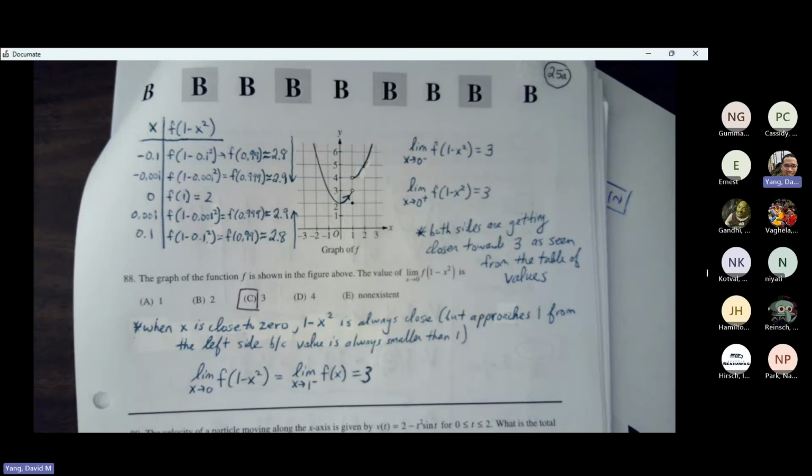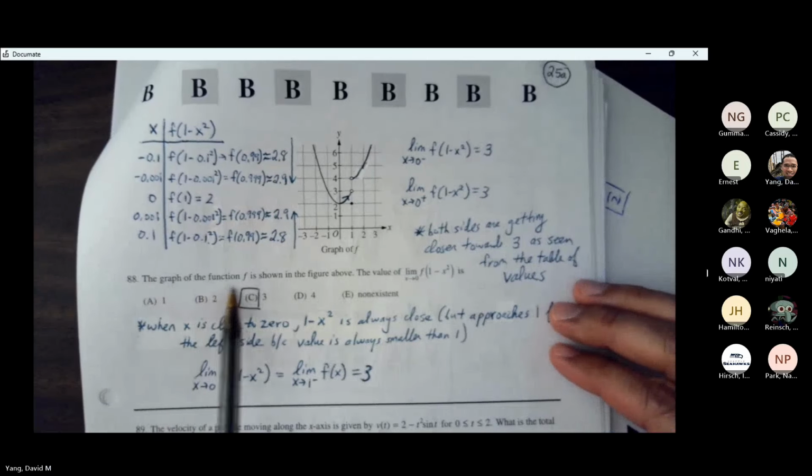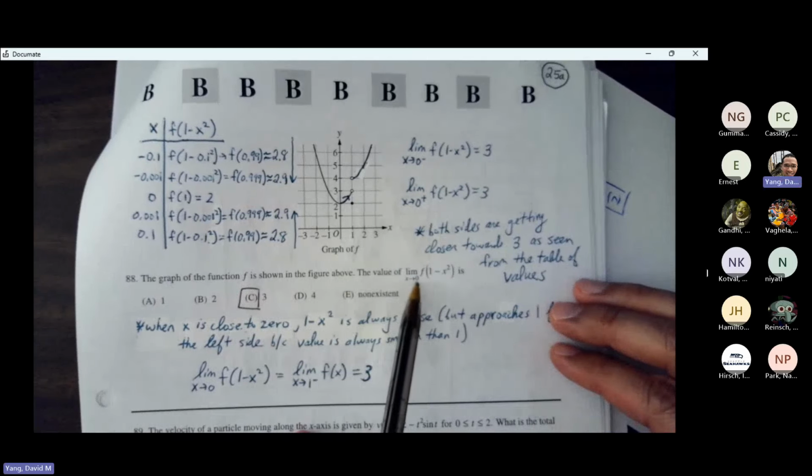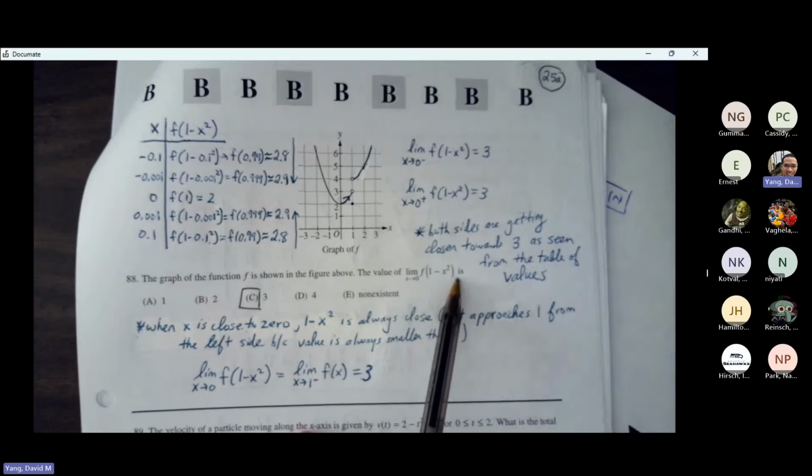I had to look it up to kind of get some ideas as to why the answer is 3. So this one, okay, the value limit as x approaches 0, f of 1 minus x squared is.